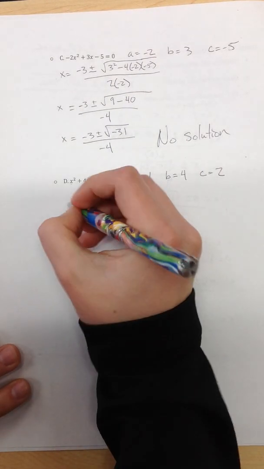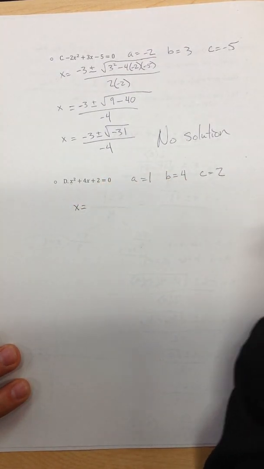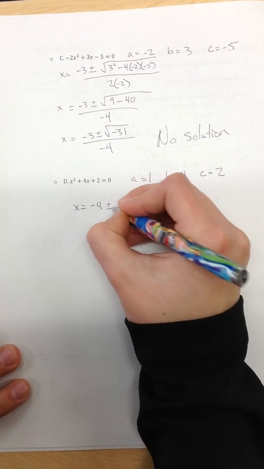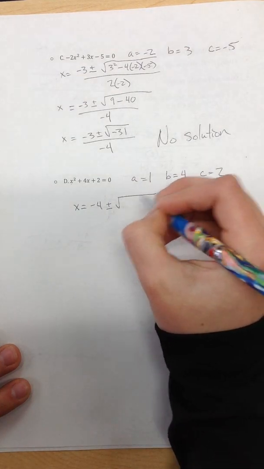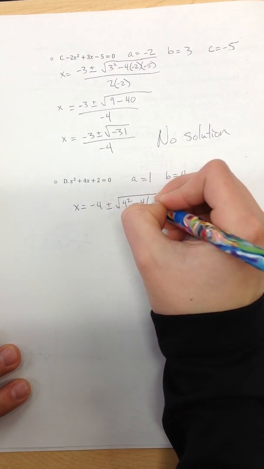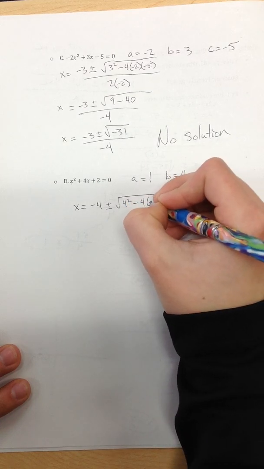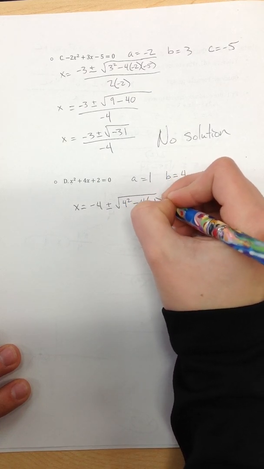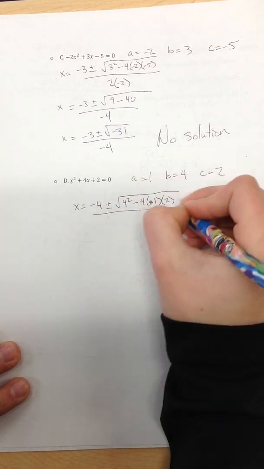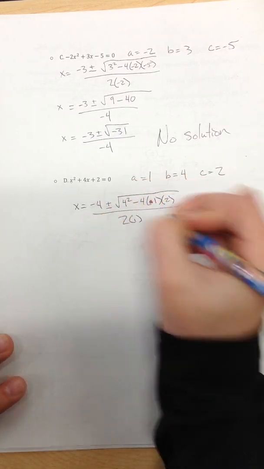Alright, then we plug into our equation. X is equal to negative b, so negative 4, plus or minus square root of our b squared, so 4 squared, minus 4 times 1, times our c value, which is 2, over 2 times our a value, which is 1.